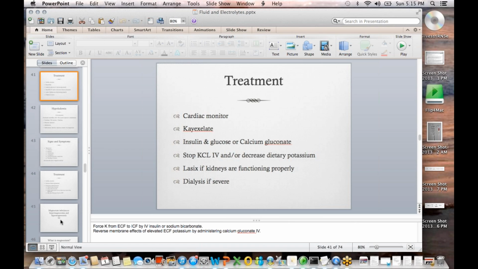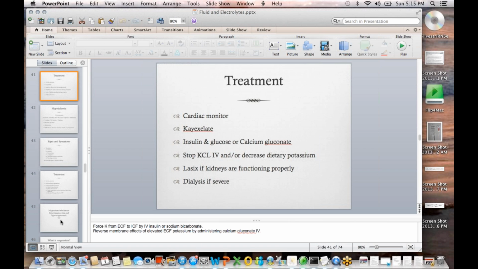So if you give insulin, you can drive the potassium into the cell, and then you want to give dextrose with that too, because normally these people you're not giving the insulin because of high blood sugar, so you don't want to bottom them out. You give it to push this potassium into the cell, and it's usually temporary. Patients like that probably have to be on dialysis, and this is a temporary fix so you can get them on dialysis.